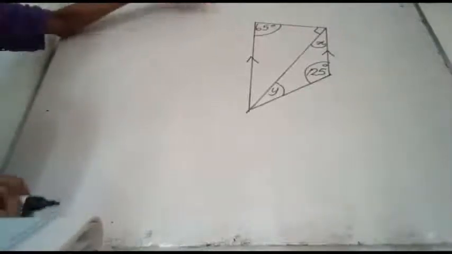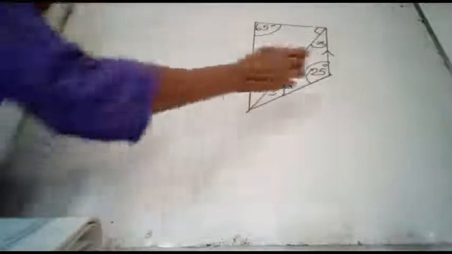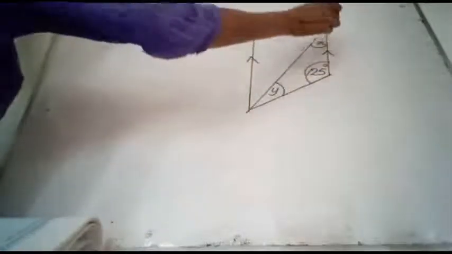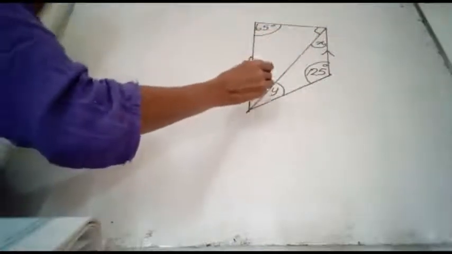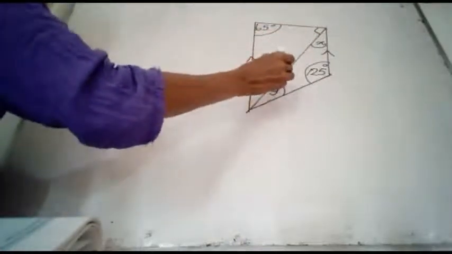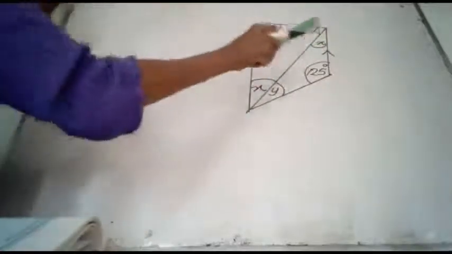Next question. These two line segments are parallel. Then this angle is x. The magnitude of this angle is also x. They are alternate angles. Then this is a triangle.